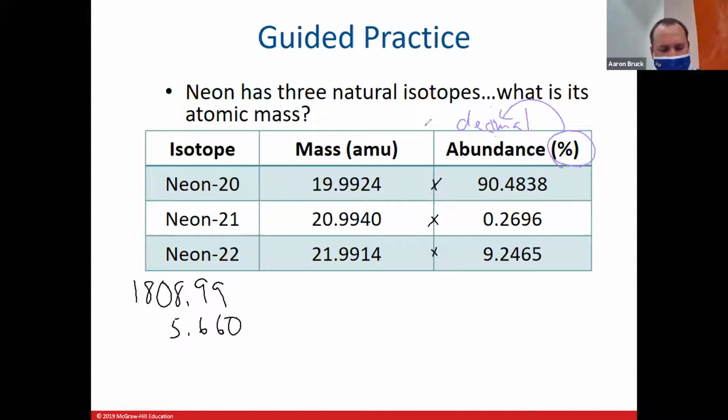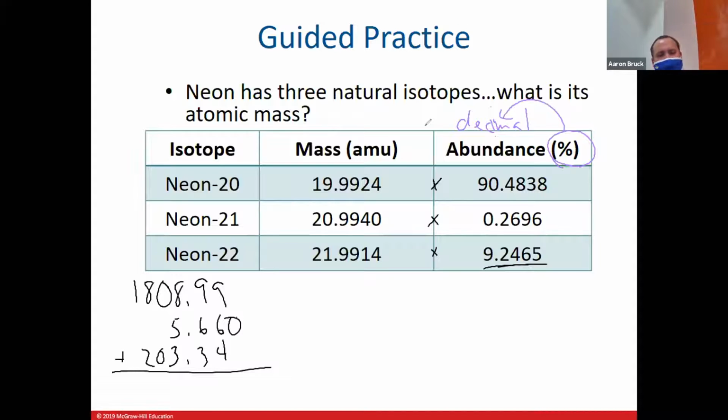Last one, 21.9914 multiplied by 9.2465, to 5 significant figures, because there are 5 in this percentage. I get 203.34.